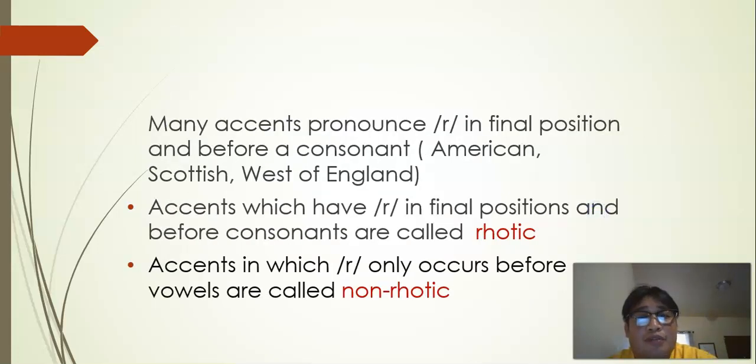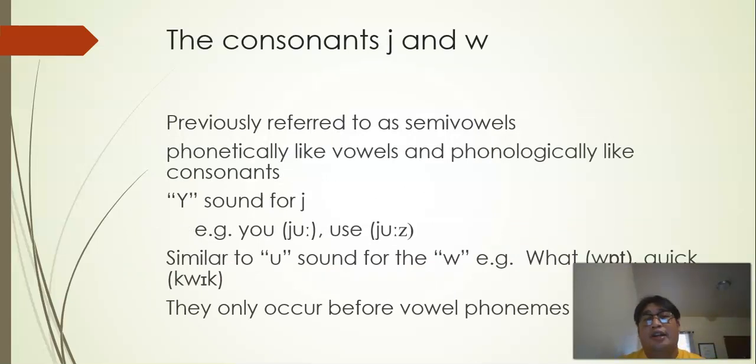Many accents pronounce R in final position and before a consonant. Accents which have R in final positions and before consonants are called rhotic. Accents in which R only occurs before vowels are called non-rhotic. Now, J and W, Y and W. These were previously referred to as semivowels. Phonetically, they're like vowels.